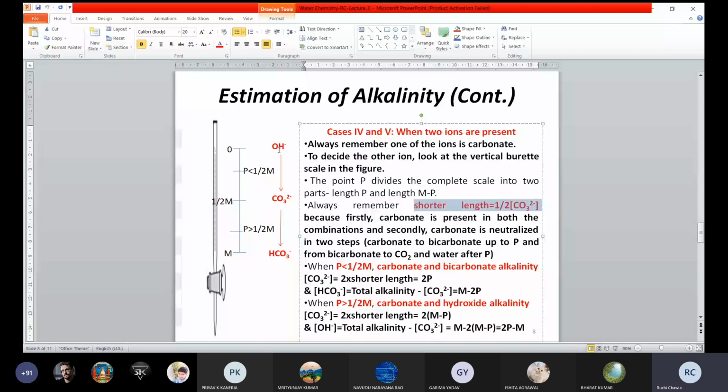Again come to the concentration of the two ions. Carbonate is twice of shorter length as we used above. So tell me, what is the magnitude of the shorter length starting from P and ending at M?